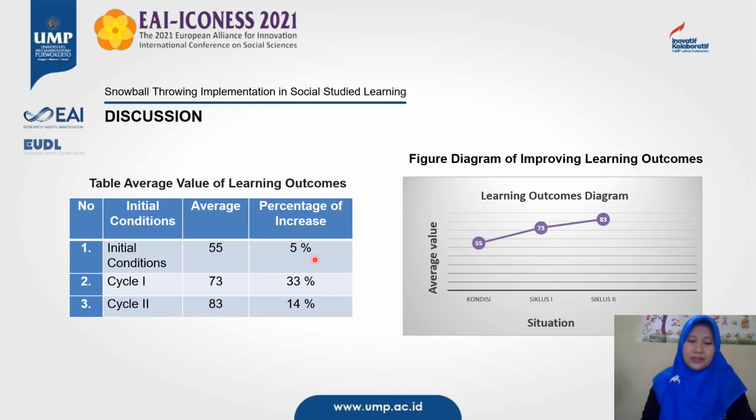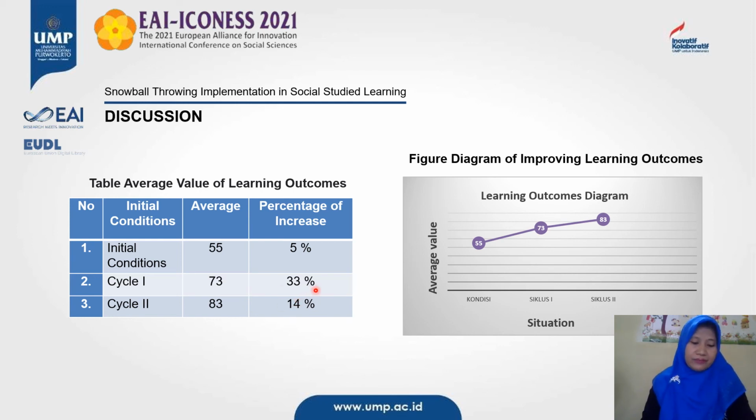After the action in cycle 1, the average class increased to 73 with an increase of 33%. Then learning was carried out in cycle 2 with the class average increasing to 83, a percentage increase of 14%.